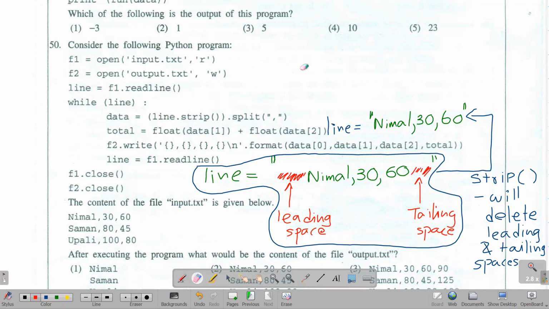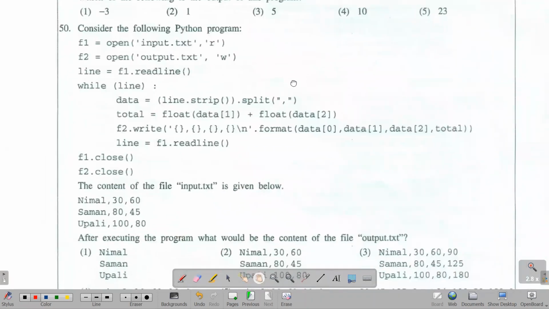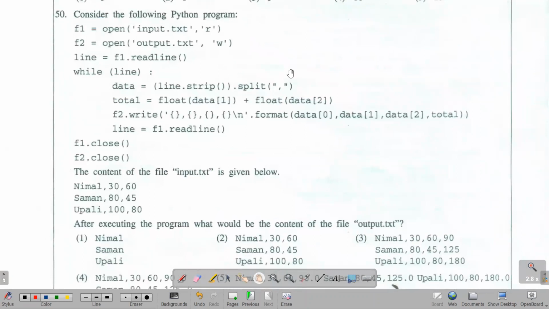All right, so that is all about the strip, right? Okay, then about the split function, right? There is something called split as well over here.